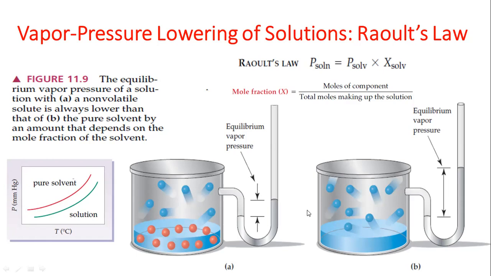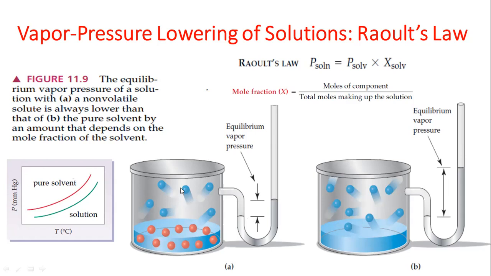So two diagrams are given over here to show the effect of the amount of the solute on the vapor pressure. This is the solution, and the second one is the pure solvent.